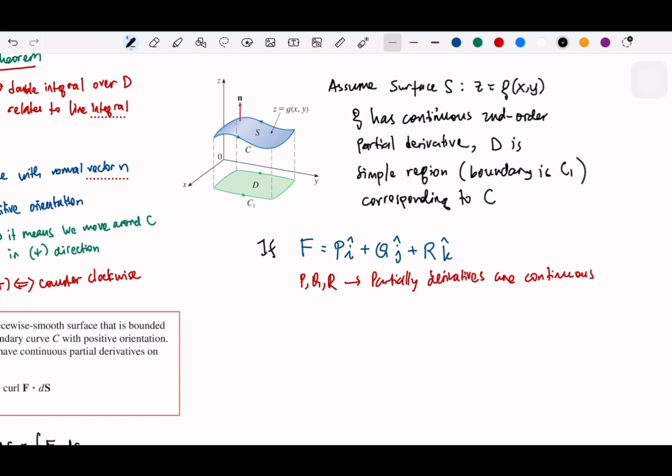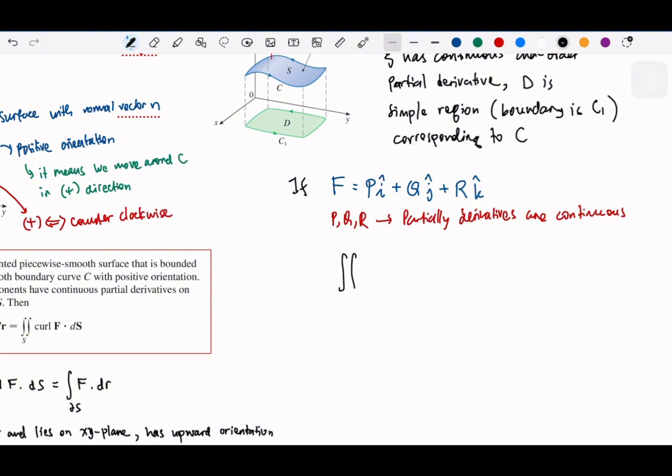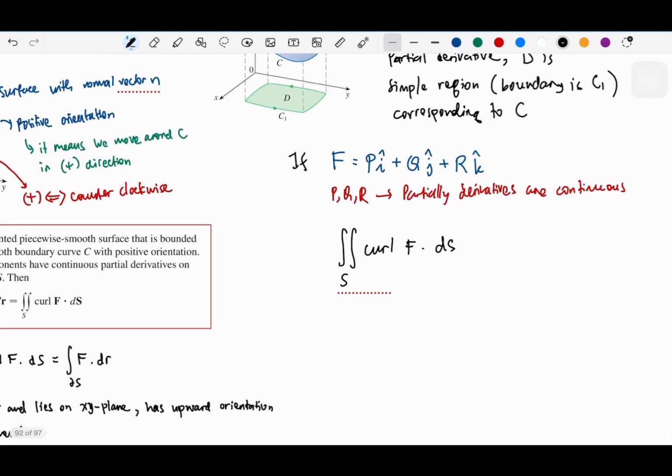So we can apply the formulation, where we can write the curl F dot dS. We can apply curl by taking the del and then cross with F. So taking curl F, I will write directly the results.